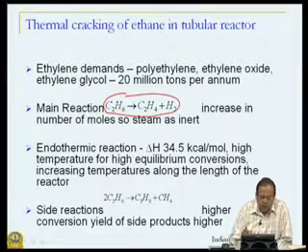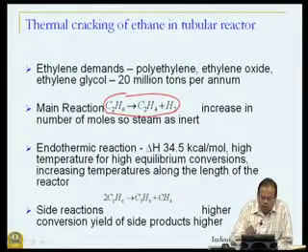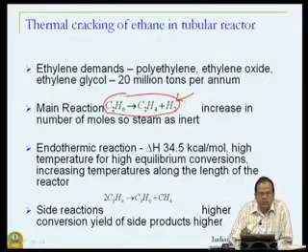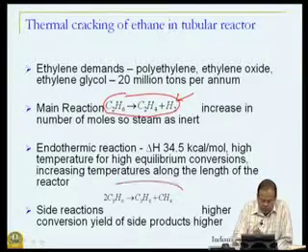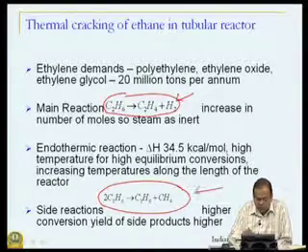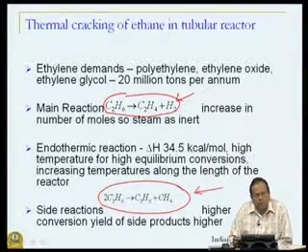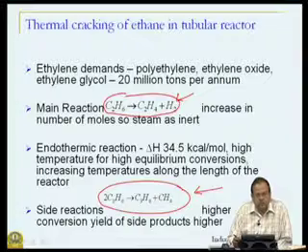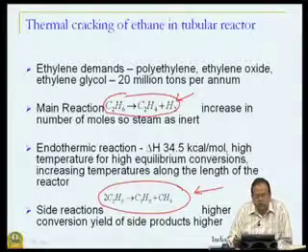Another aspect of this reaction is that cracking is not the only reaction that takes place. In fact, there are several side reactions possible. The side reaction shown over here is 2 ethane molecules combining to give us a butane molecule and a methane molecule.